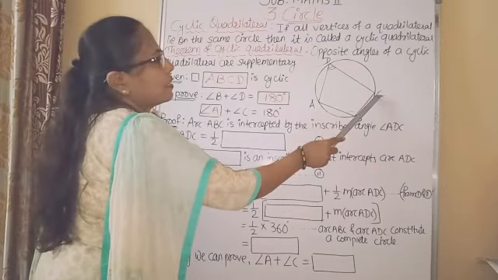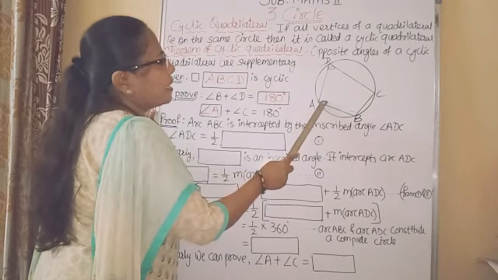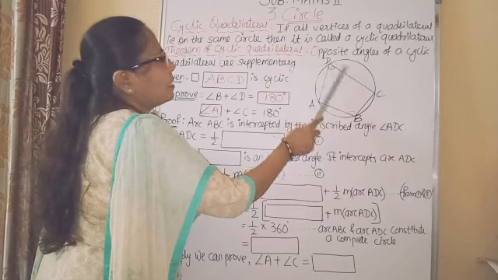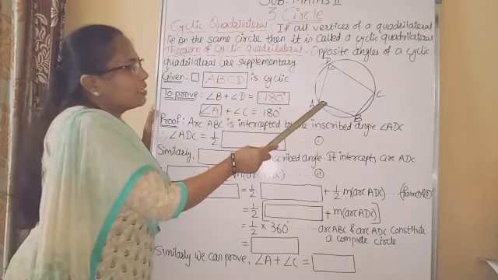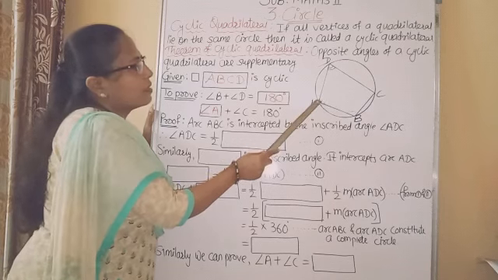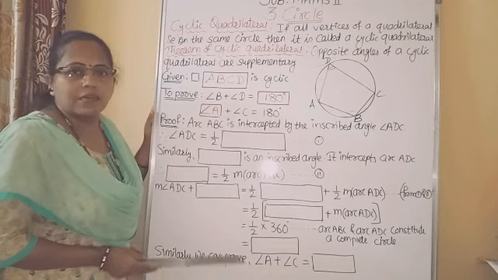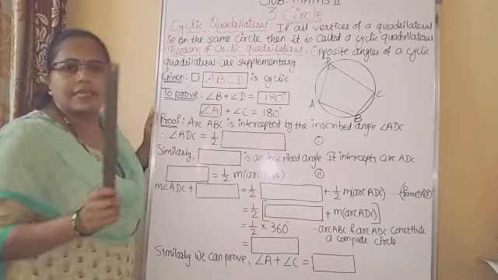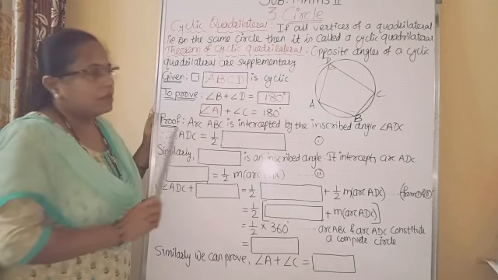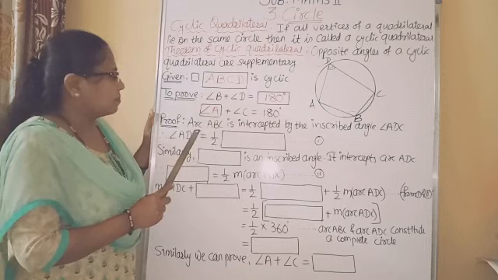As you saw in this figure, each vertex of the quadrilateral is on the circle. That means each angle of the quadrilateral is an inscribed angle. So we can apply the inscribed angle theorem here.